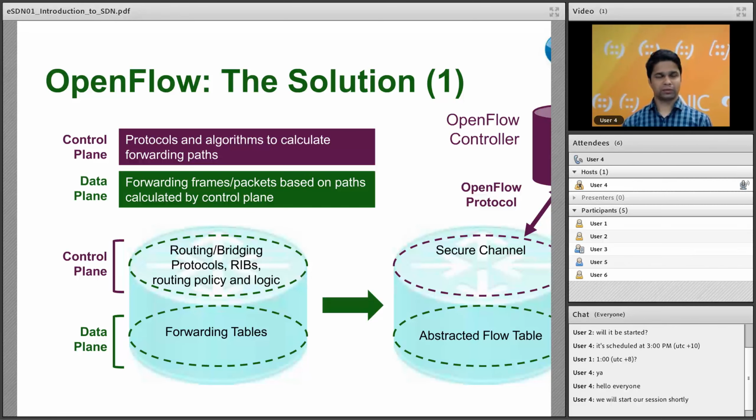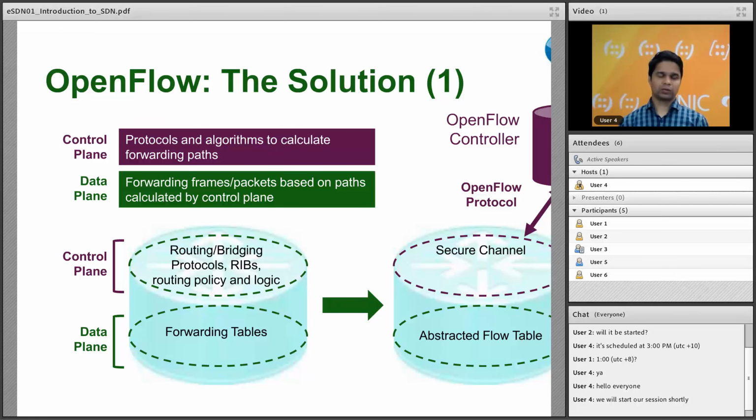If you remember from the first few slides, we explained that we need a routing protocol or algorithm to calculate the forwarding path, which is done by the control plane. And when the calculation is done and we have the path ready, we forward the packets to the destination. This is done by the data plane. That's the difference between the control plane and the data plane.